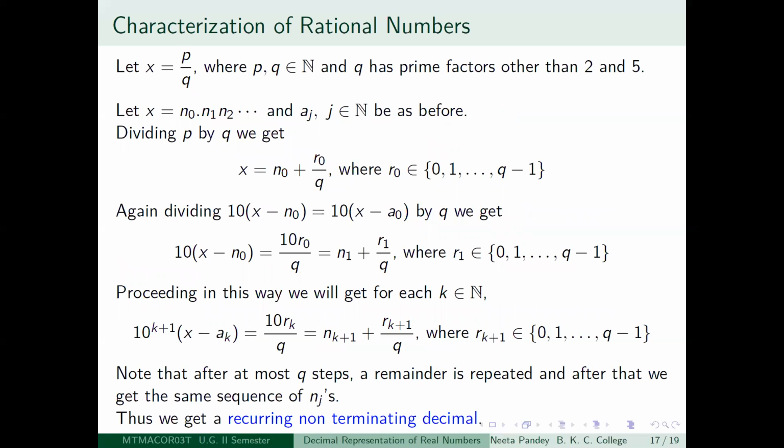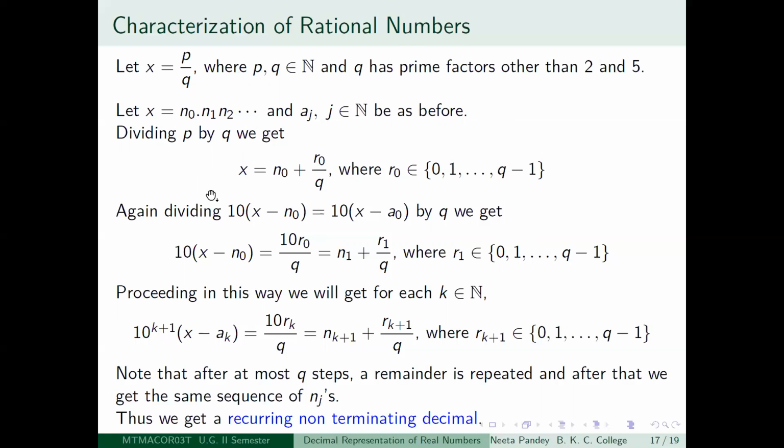And what about the other rational numbers? If you have something like p by q, where q has prime factors other than 2 and 5. So q may have prime factors 2 and 5 also, but it also has other prime factors. And suppose n0.n1 n2, etc. is a decimal expansion of x.